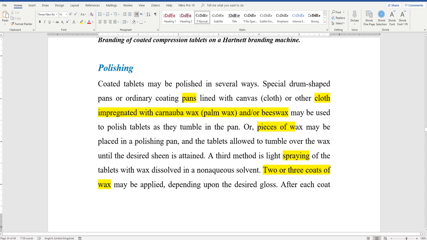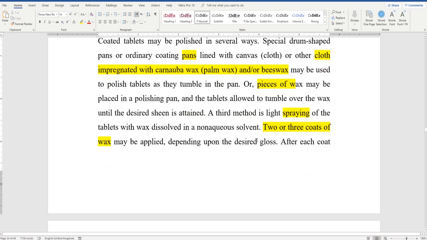The other way is to take a piece of wax and put it in the coating pan and then allow the tablets to tumble and rotate until they get the required shininess. The third way, and this is I think more commonly used, is dissolving the wax in an aqueous solvent and then applying 2 to 3 coats of wax onto the tablet to acquire the desired glossiness.